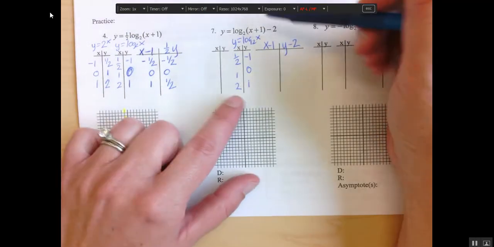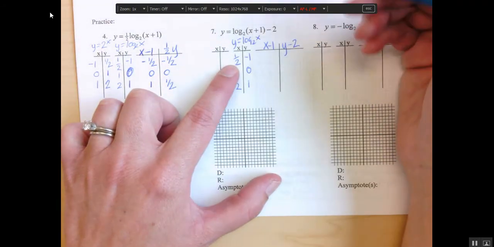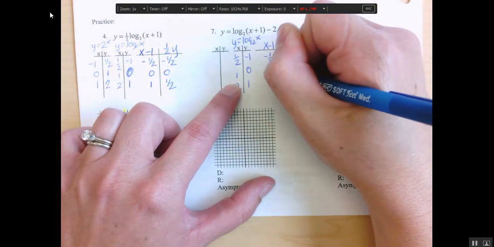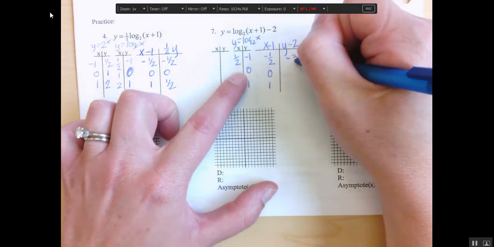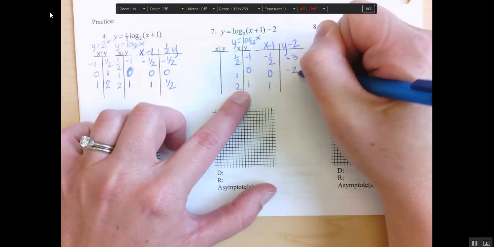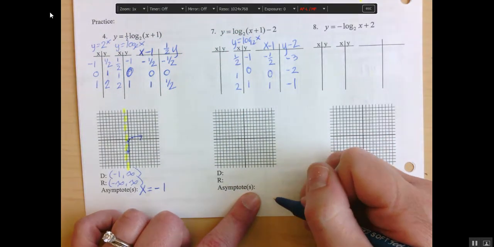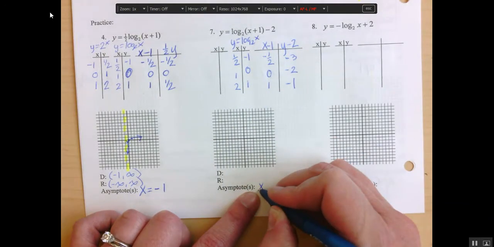Alright, so for 7, I skipped right to the log because I already had y equals 2 to the x over here. And now I'm going to subtract 1 from my x's. And I'm going to subtract 2 from my y's. And for the asymptote, that's a vertical asymptote normally at x equals 0. So if I subtract 1 from that, I get x equals -1.